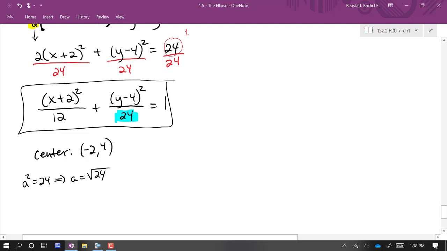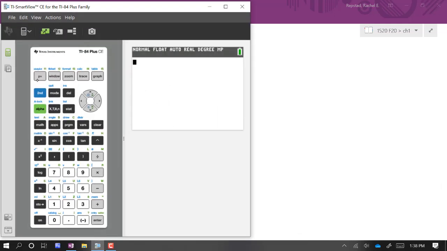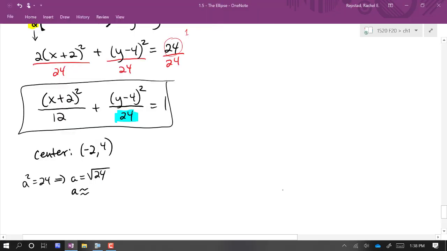Now, if I were looking to get exact values, I would just simplify the radical, but we're going to sketch this, and so we're really going to want to get some points that we can plot, and for that reason, I'm going to approximate this. For about 4.9.